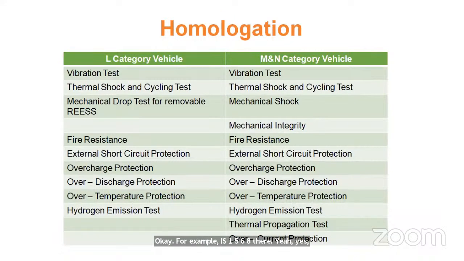These few standards are majorly for battery pack testing and battery pack homologation. On the left side I have some homologation testing for L category vehicles. L category means light category vehicle, and on the right side we have M and N category vehicles.